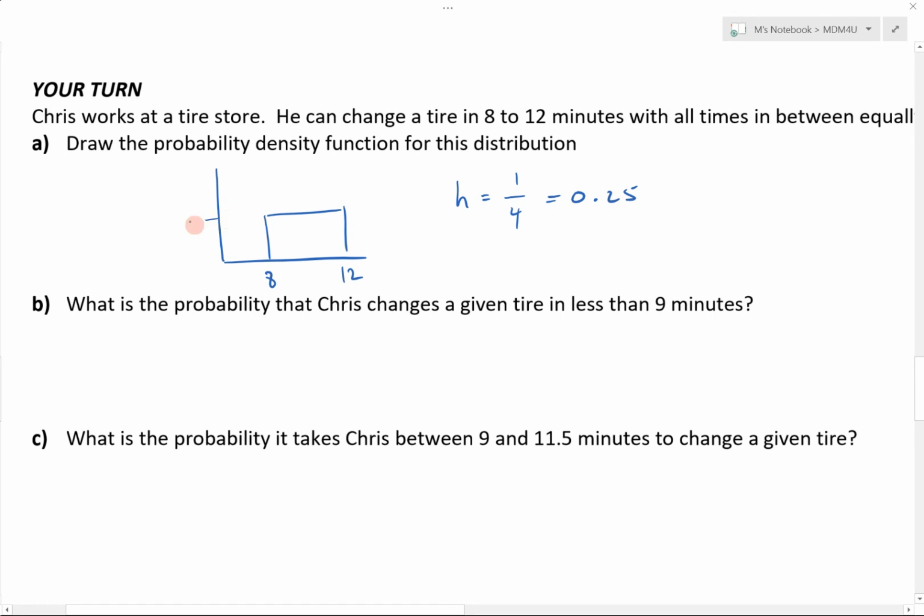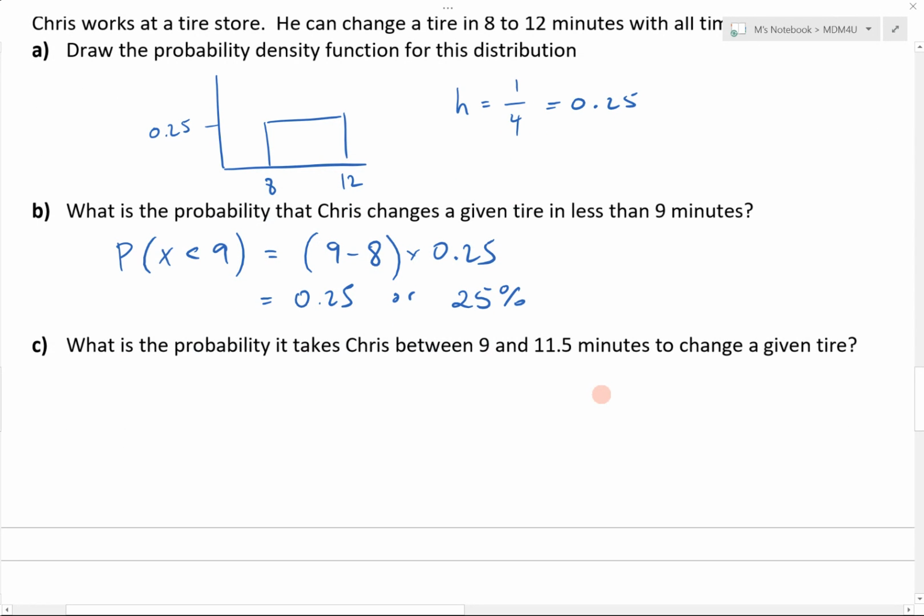So the probability that Chris changes a given tire in less than 9 minutes is equal to 9 minus 8, where 8 is the lower end of my interval, multiplied by 0.25, and that gives me 0.25, or 25%.